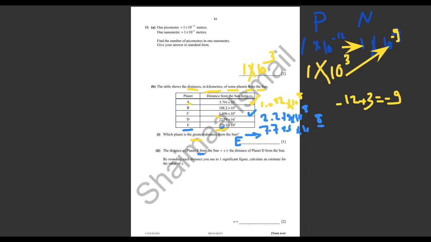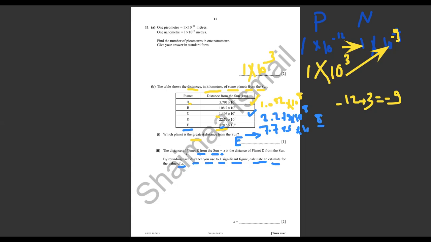The distance of planet A from the sun is equal to x multiplied by the distance of planet D. Now find the value of x by rounding each case and using 1 significant figure. Okay, we can estimate the value of x.